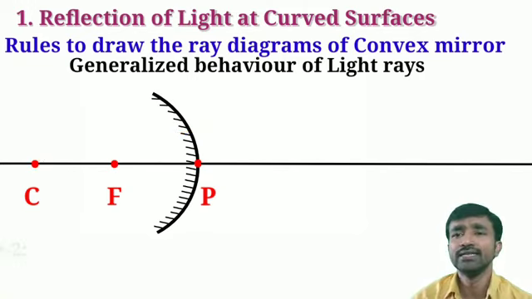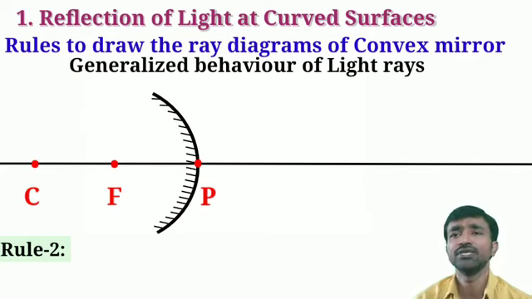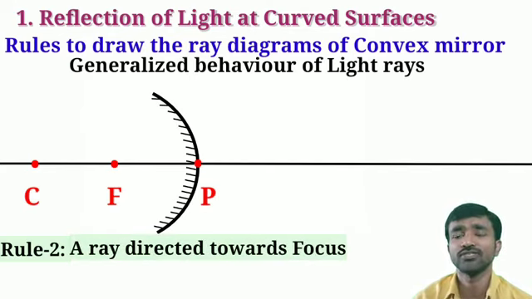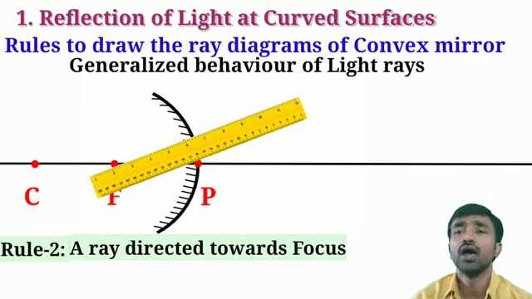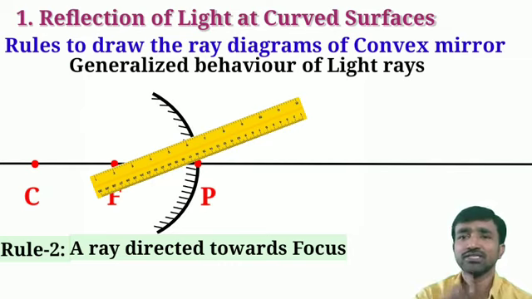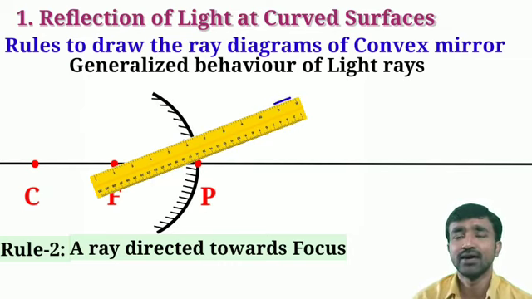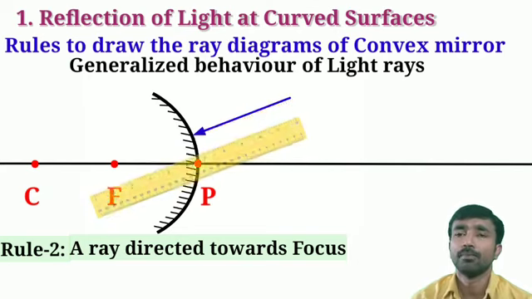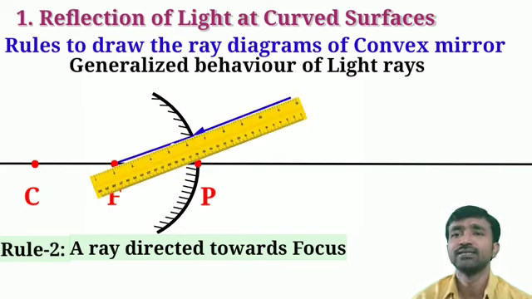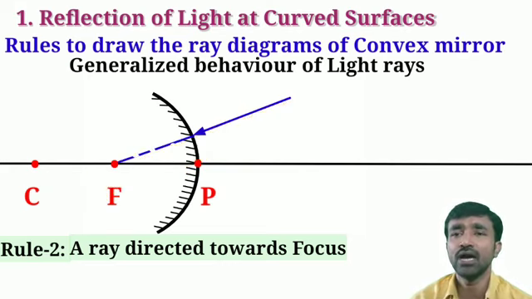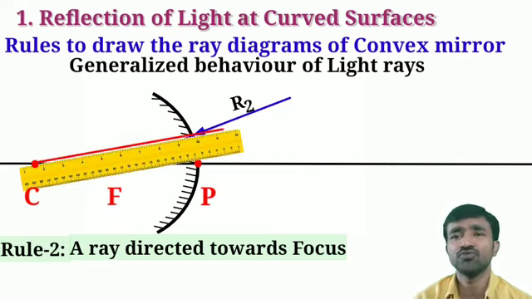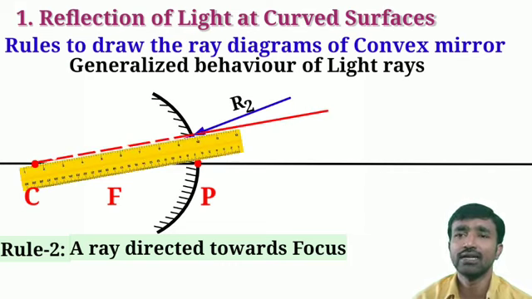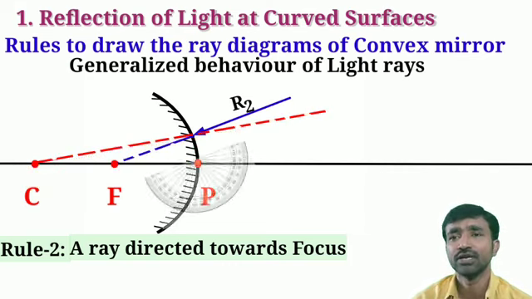In this rule, we consider a ray which is directed towards the focus, as you see here. Use the scale to construct a ray on the screen like that. Then draw the ray to meet the convex mirror surface, and note down this ray as R2. As in the first case, draw the normal at the point of incidence with a dotted line.